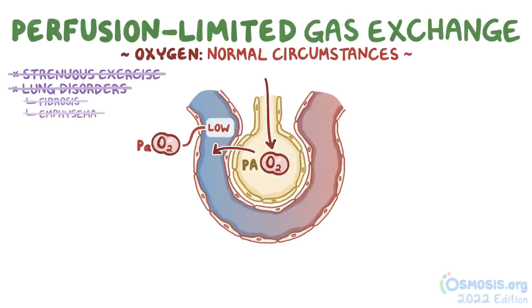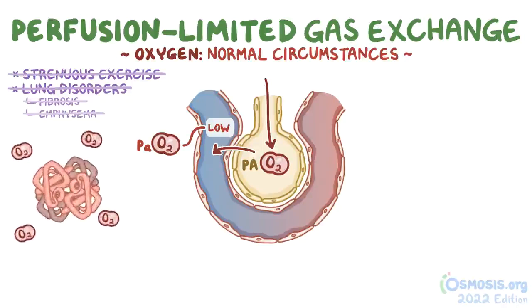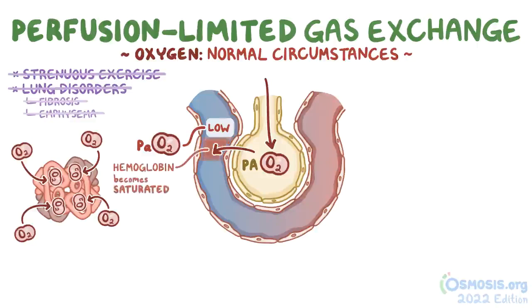As the process continues, the partial pressure of oxygen in the pulmonary capillary blood rises, but not as quick as with nitrous oxide. And this is because, unlike nitrous oxide, newly diffused oxygen molecules bind to hemoglobin in red blood cells. So first, all hemoglobin molecules have to become saturated with oxygen before free oxygen molecules appear in the blood and the partial pressure of oxygen increases.